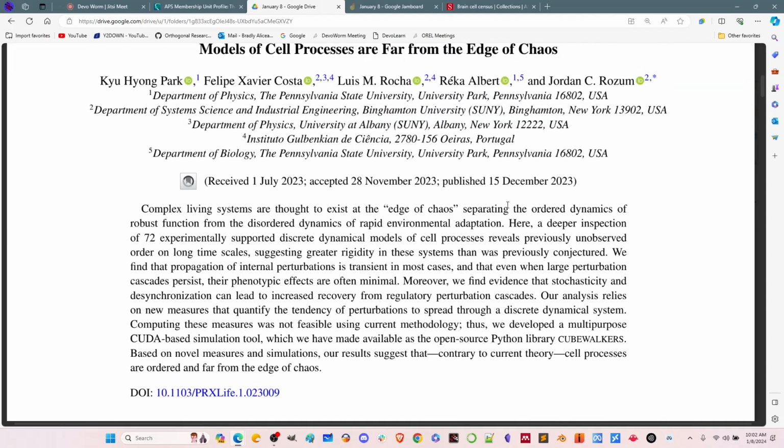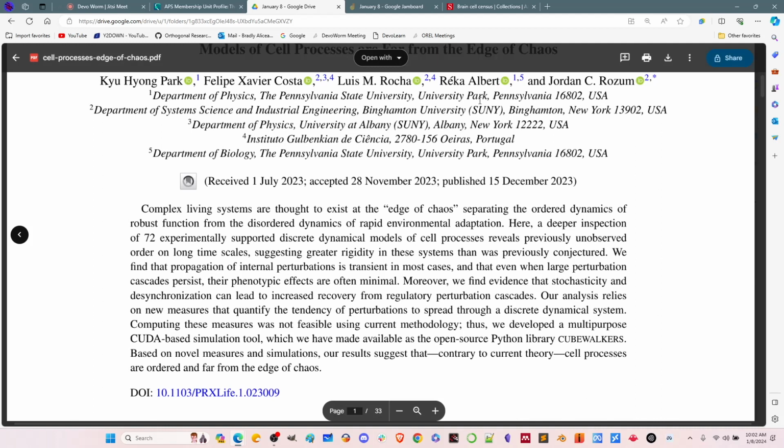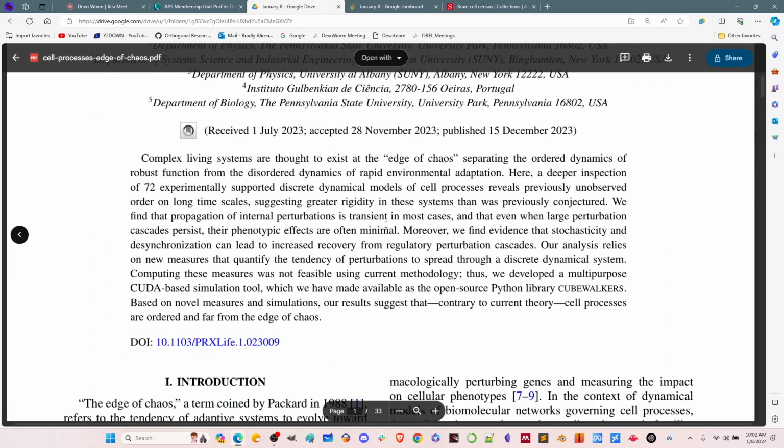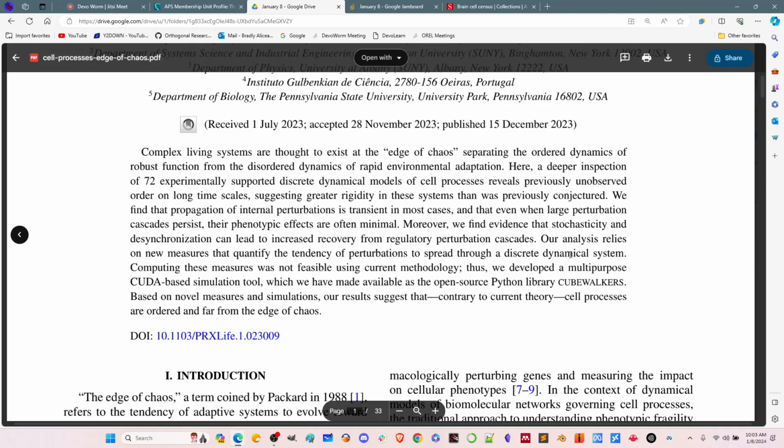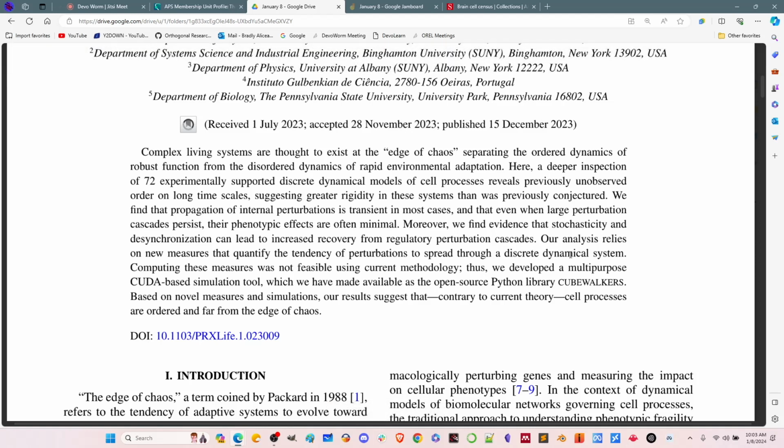One of the authors on this is Reka Albert, who did a lot of these seminal papers on network science with Barabasi, and Luis Rocha has done a lot of work with ecology and other types of complex systems. So these connections are important, and so we can actually develop measures that look at how things propagate and spread through a network. We can model the network as a discrete dynamical system and propagate through that.